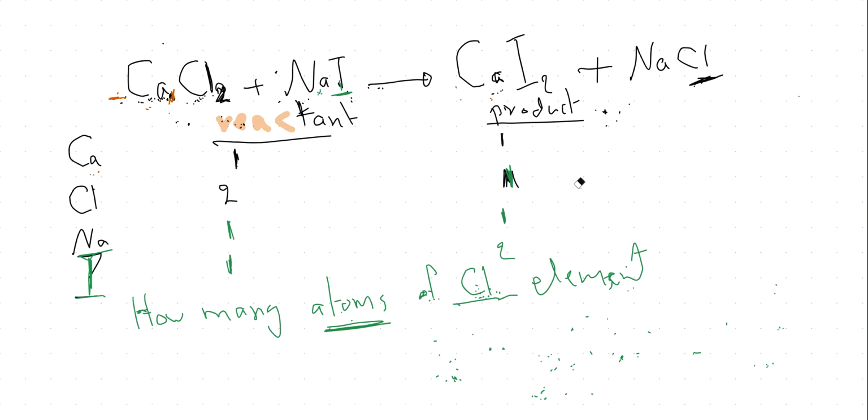What about the chlorine, Yusuf? I have two here, one here. I multiply it by what? By two. Okay.